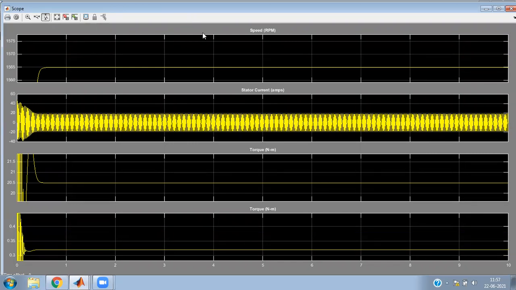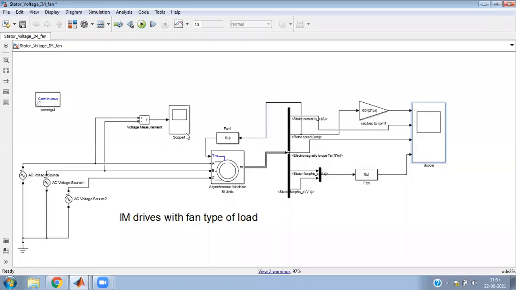So this is possible because this is a fan type of load. If in this place I have a constant load torque, this motor will not run with this type of reduced voltage, because the load is constant, say rated, and the voltage is reduced to half. So motor torque reduces to one fourth, and then motor is not able to produce sufficient torque, and so constant load type applications cannot run with reduced voltage.